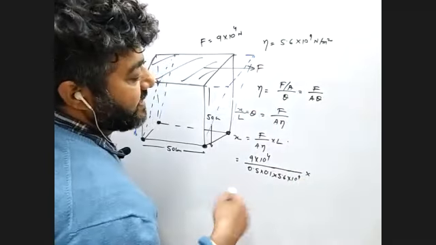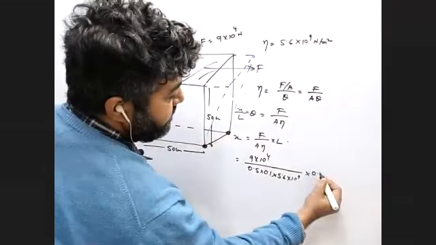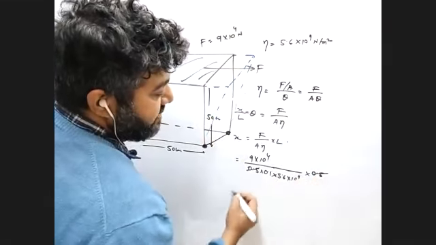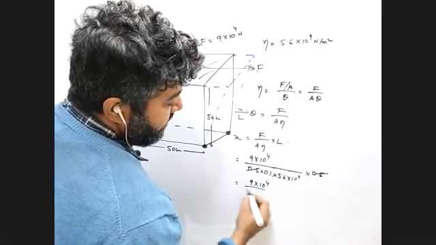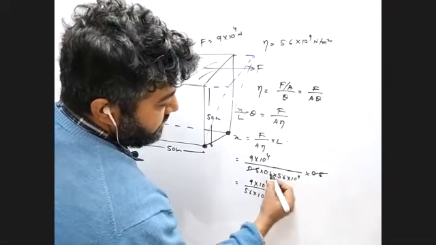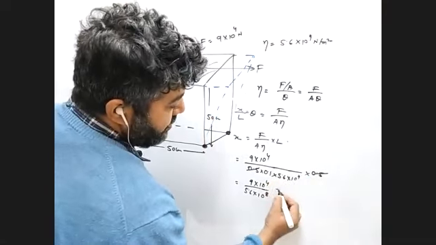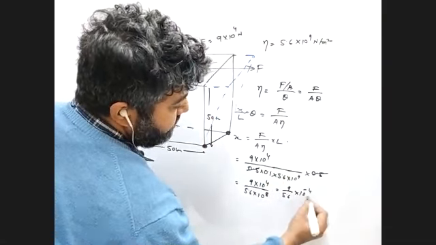And L is given 0.5. So you can easily cancel this 0.5, 0.5. So you have 9 into 10 to the power 4 by 5.6 into 10 to the power 8. So what you have, 9 by 5.6 into 10 to the power -4.